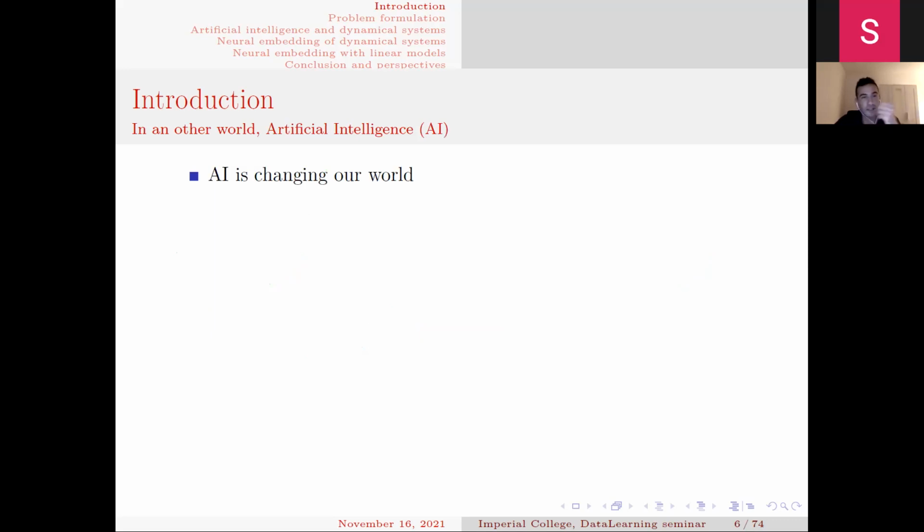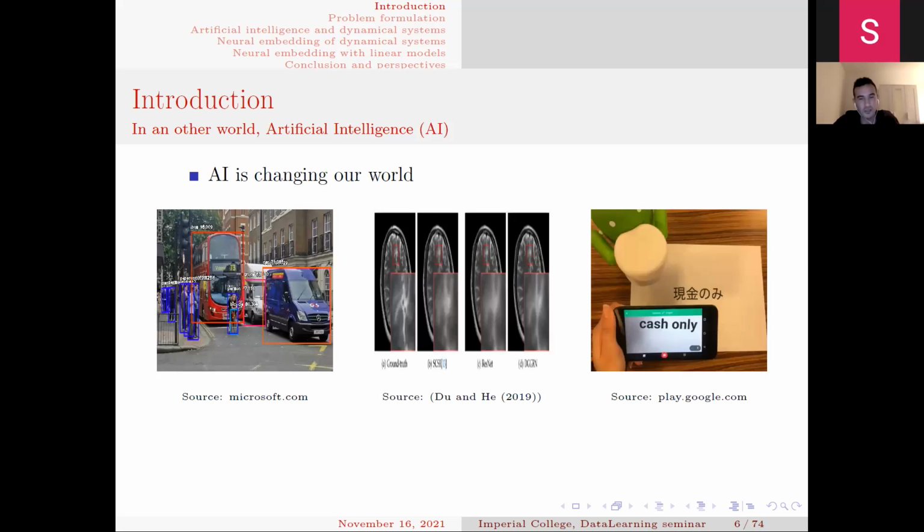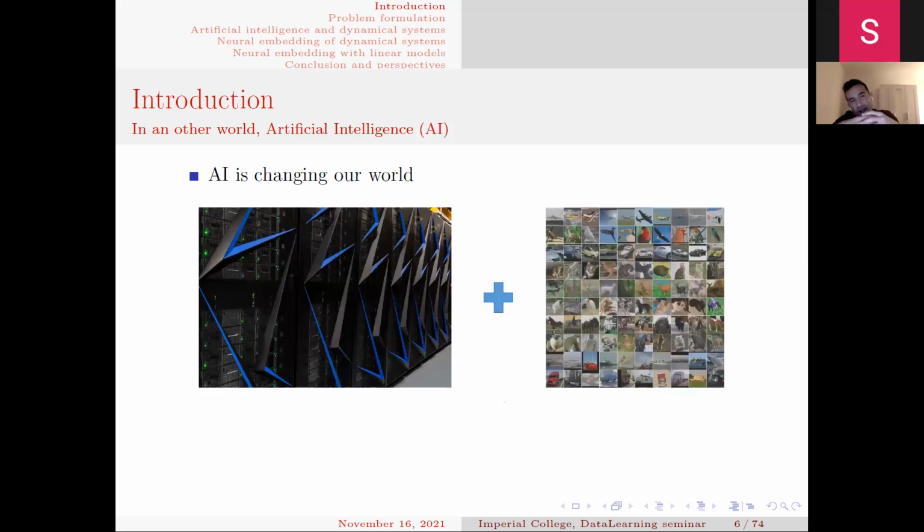In other words, artificial intelligence has already revolutionized several signal processing fields, such as image recognition, super resolution, and image translation. The success of AI techniques is mainly due, from a practical point of view, to the increasing availability of computational power as well as observations.